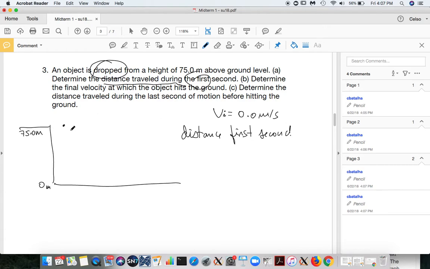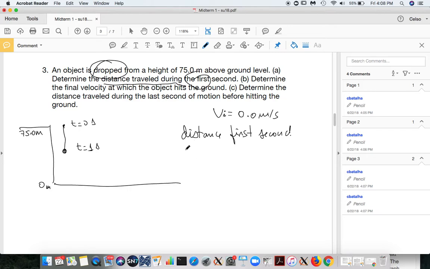So the object falls down, time equals 0 is up there, right? So it then falls and it gets here 1 second later. Time is equal to 1 second. And we want to know, the absolute, what is the distance the object covers here? So in the first second.